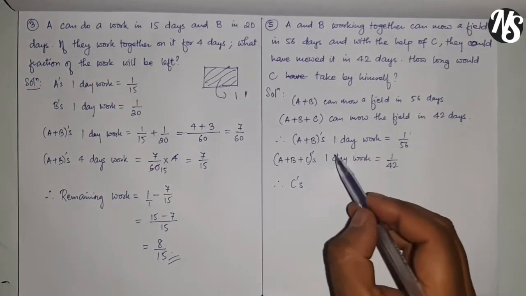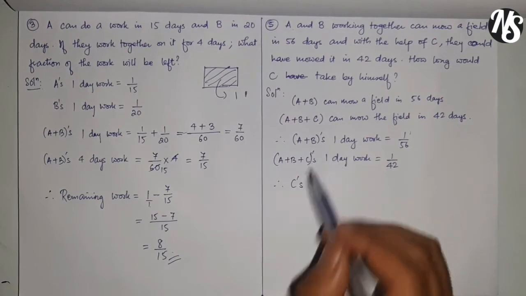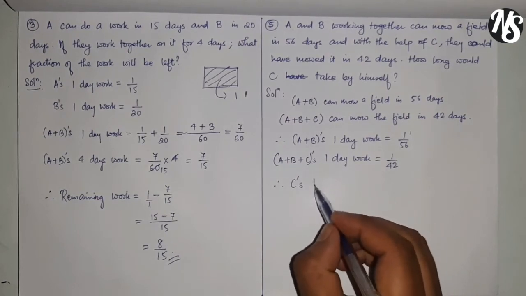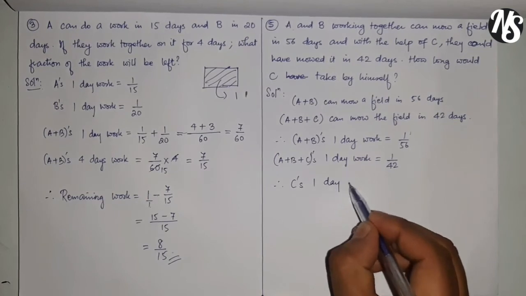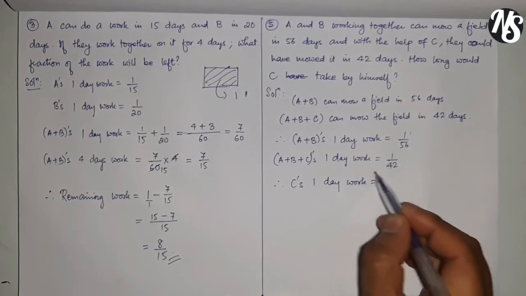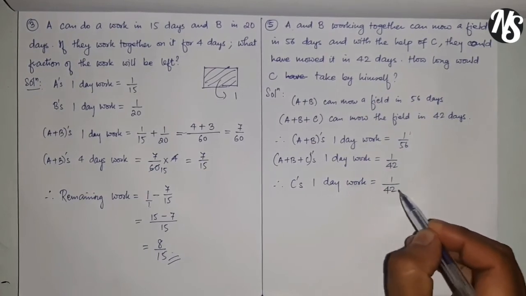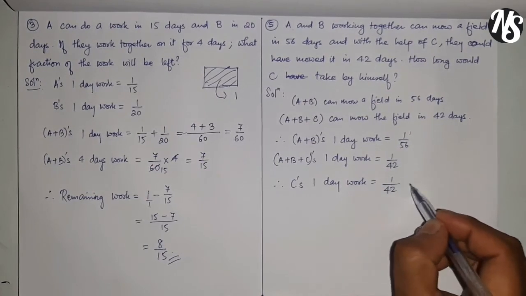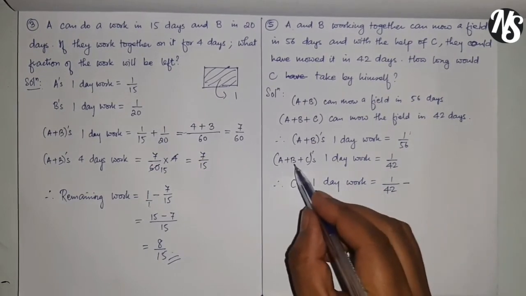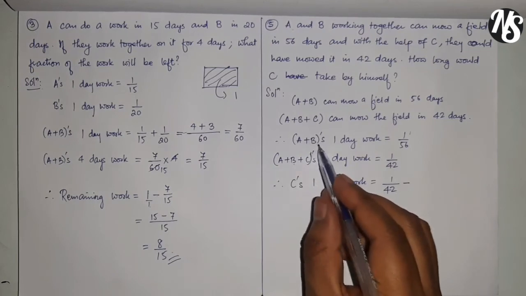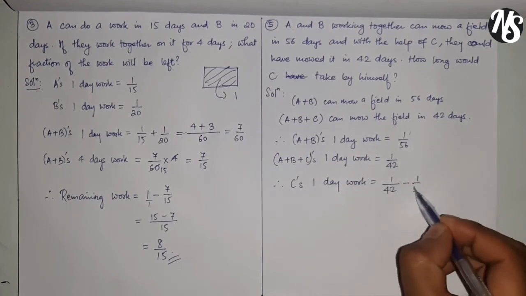So let's see what will be the contribution of C only, in 1 day. So C's 1 day work is going to be equal to, here we have all the 3. So from all the 3 I'm going to remove just A and B, and A and B's 1 day work is 1 by 56, isn't it?